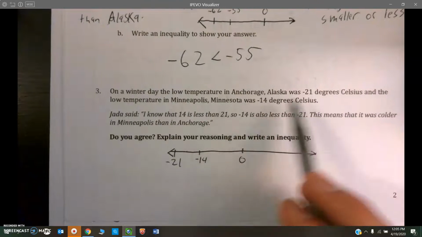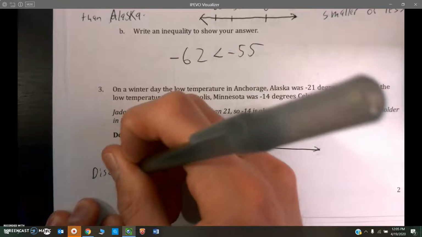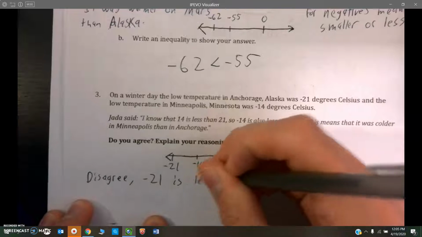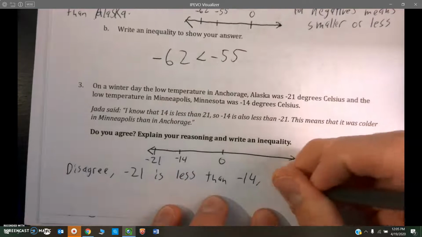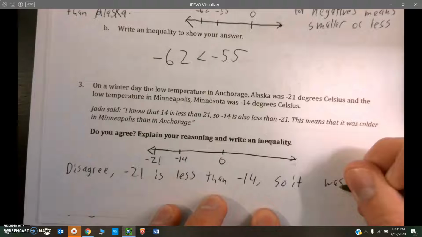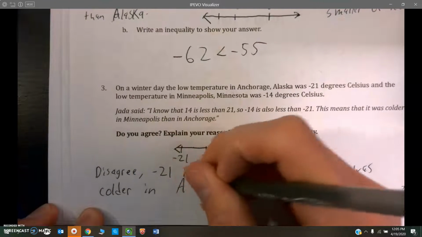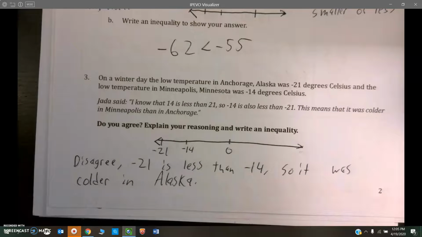So, we actually disagree. Because negative 21 is less than negative 14, so it was colder in Anchorage.